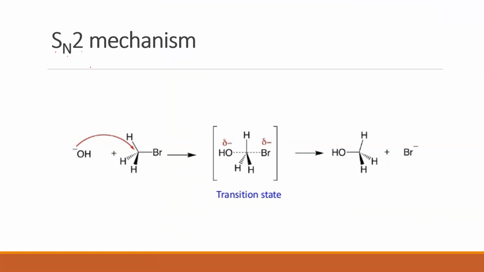Let me repeat. SN2 stands for what? Nucleophilic substitution bimolecular. Clear? It talks about something called molecularity, bimolecular. So let us try to understand that once we look at the mechanism.